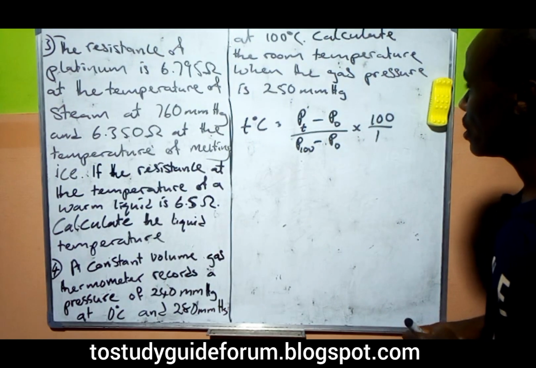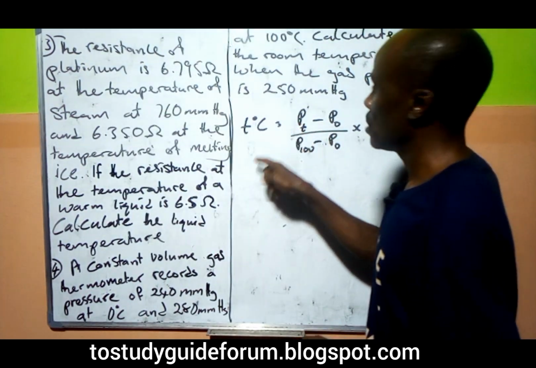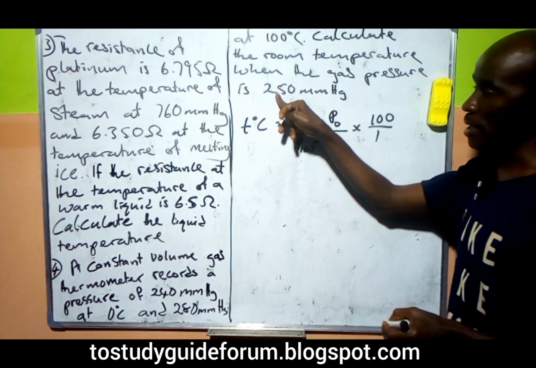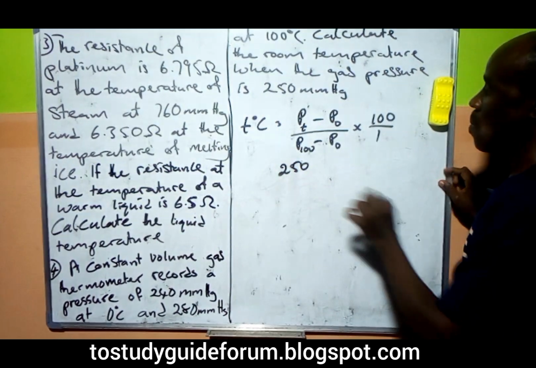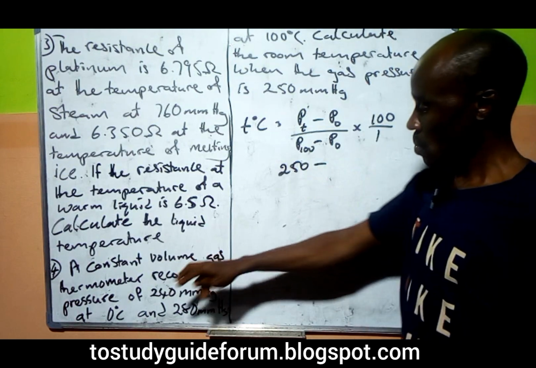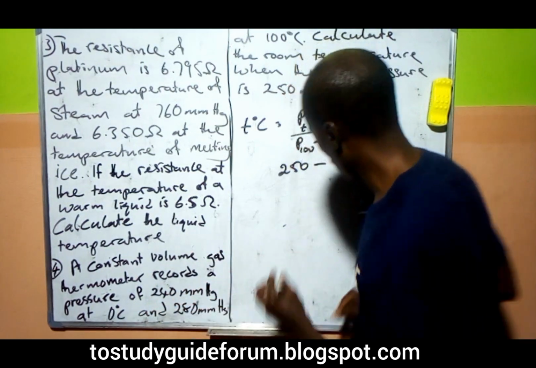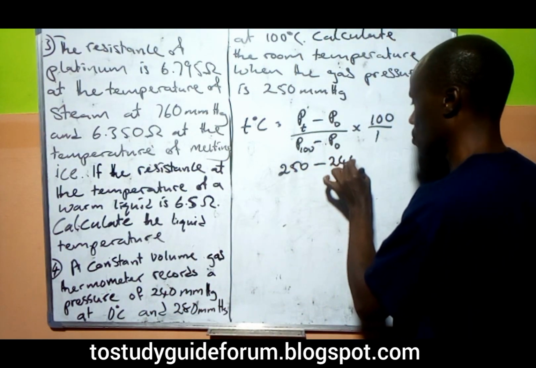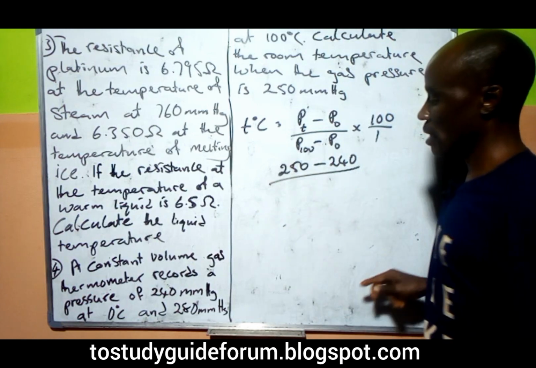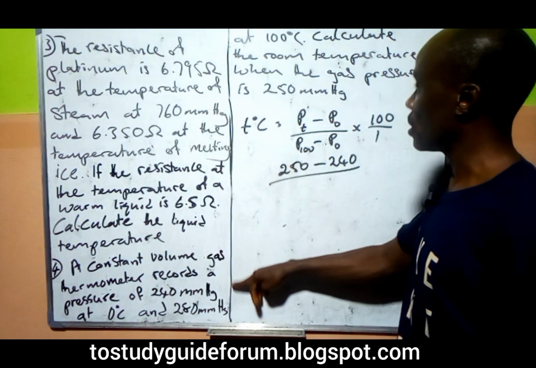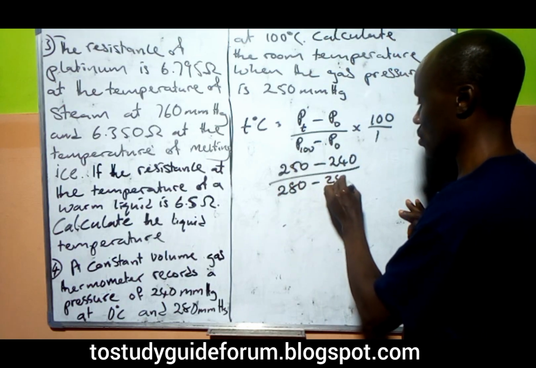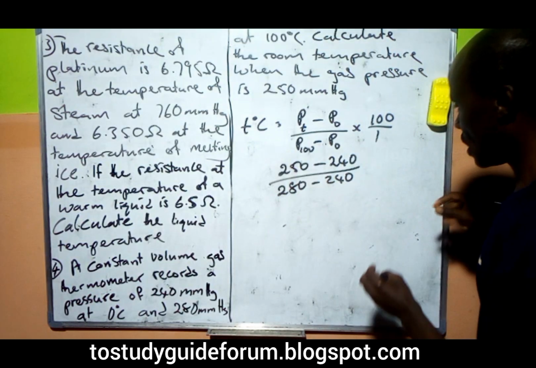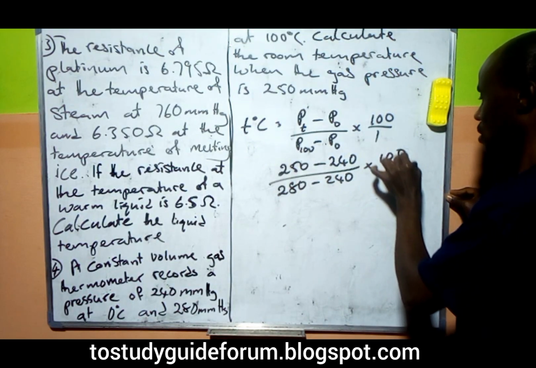So what do we do here? Our P T is 250. And then P at 0 is 240. And then P at 100 we have 280 minus 240. So we times that by 100 over 1.